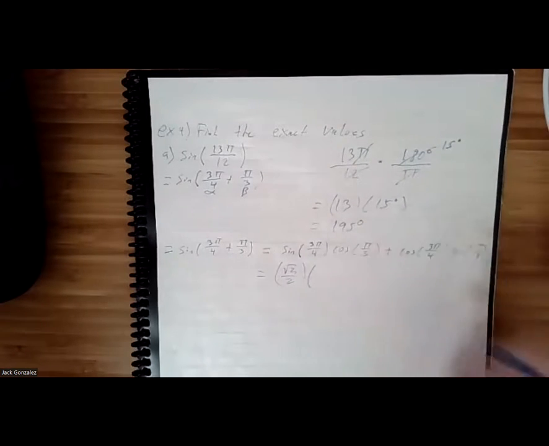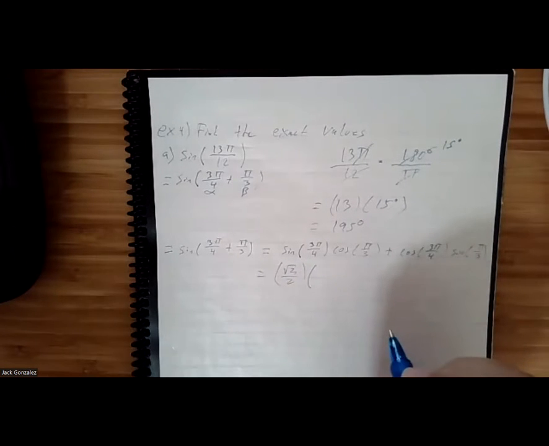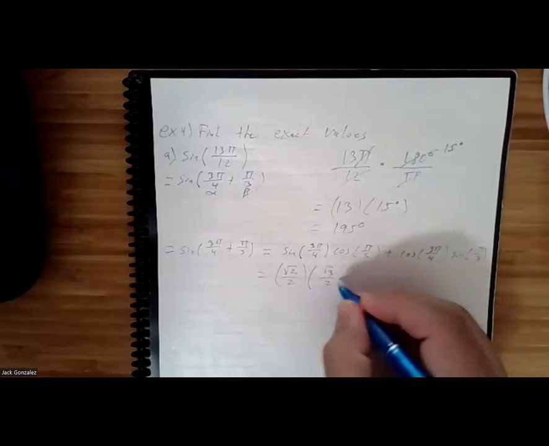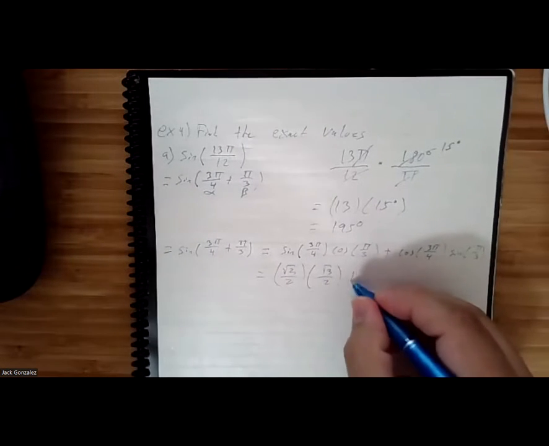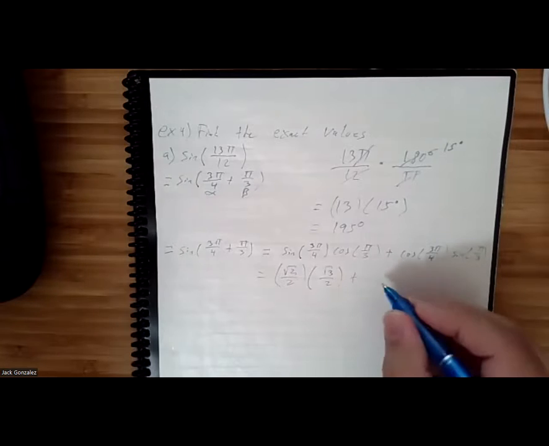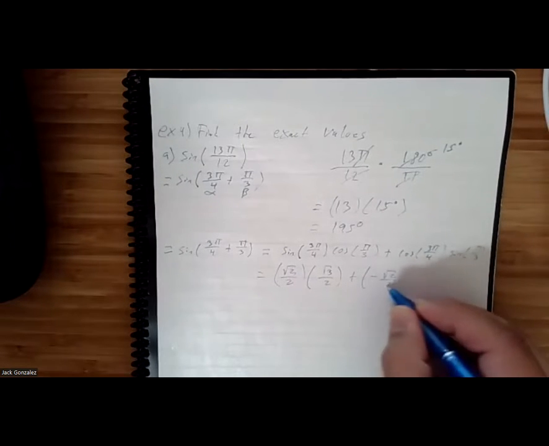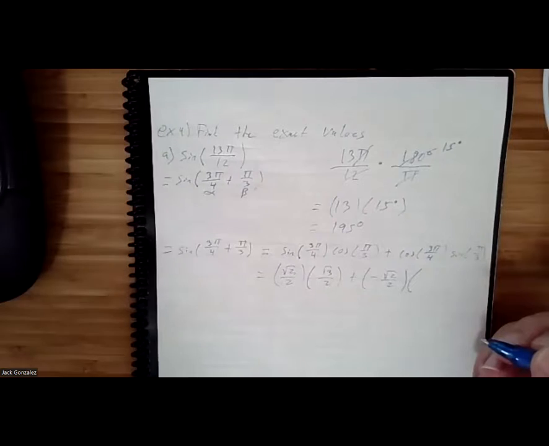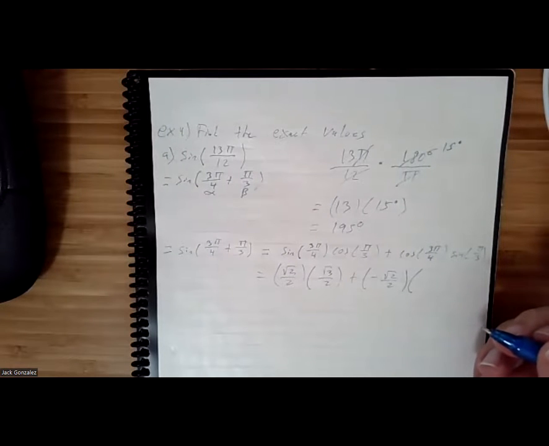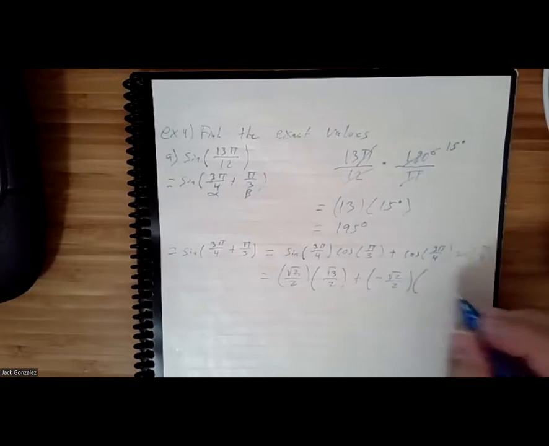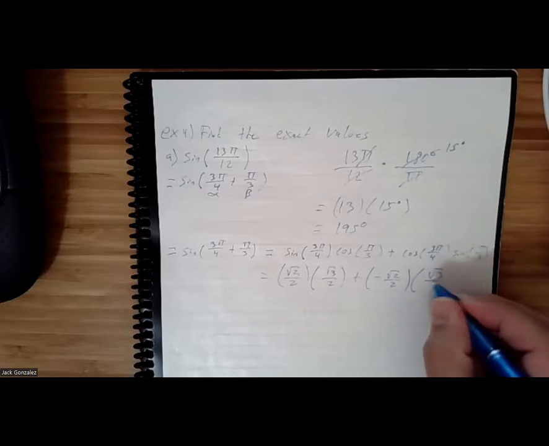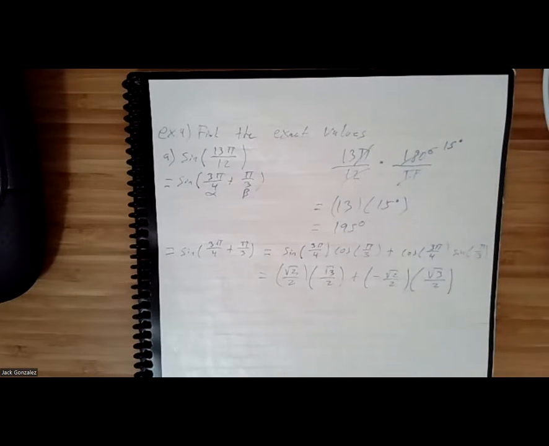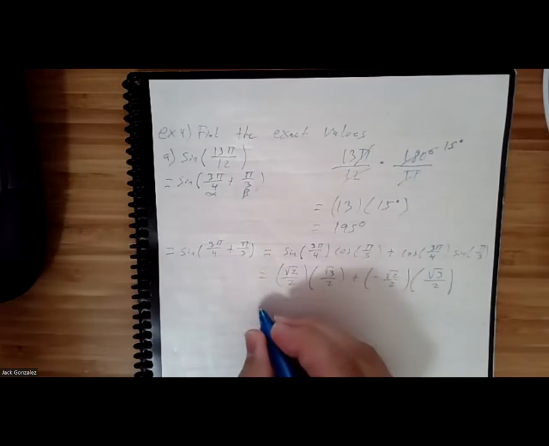Cosine of pi thirds is going to be this guy, plus cosine 3 pi fourths is negative, times sine of pi thirds, square root 3 over 2. All right, multiply it out and we're done.